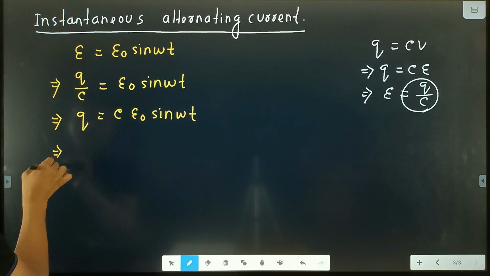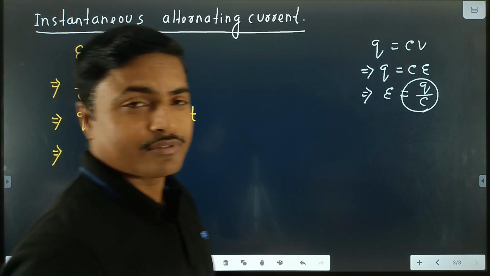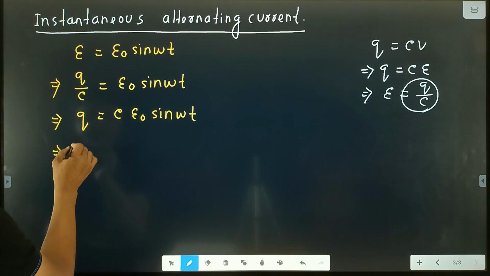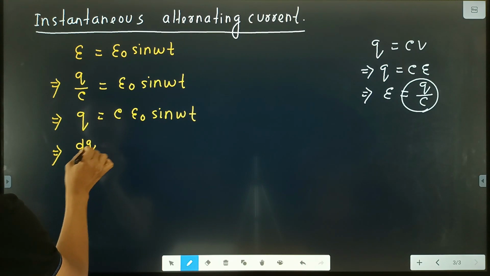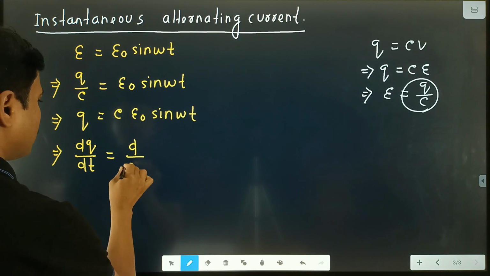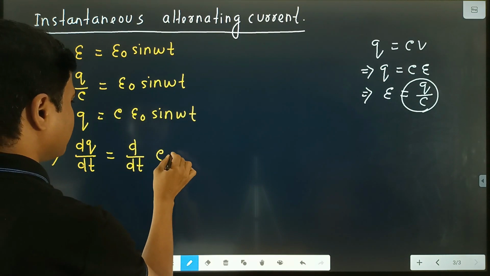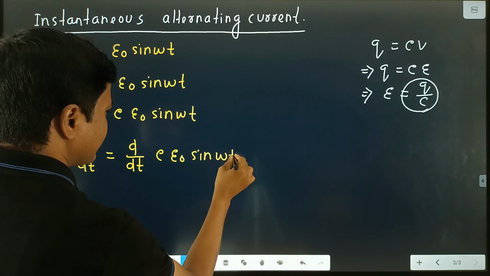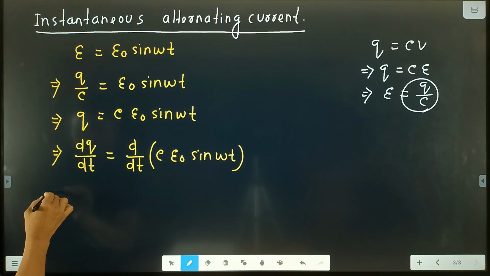That implies we take the derivative with respect to time on both sides, so that the left hand side becomes dq divided by dt is equal to d by dt of C E0 sin omega t. Clear? That implies what is dq by dt?